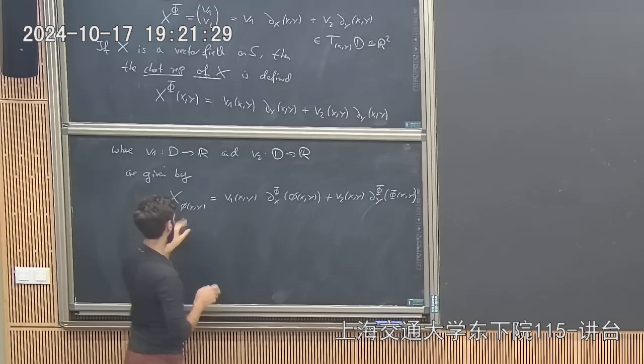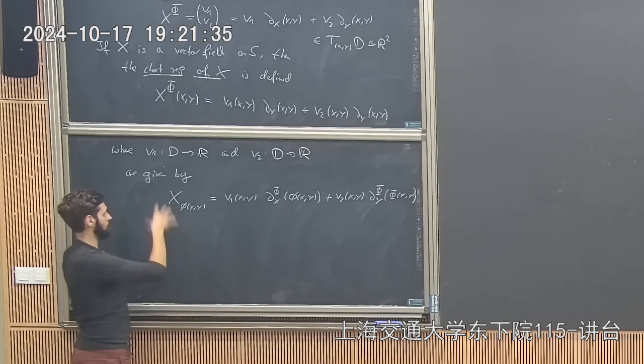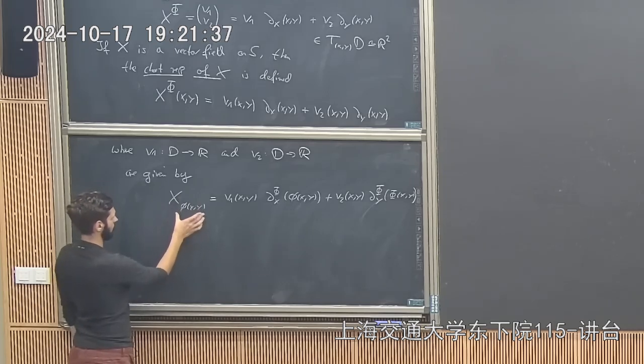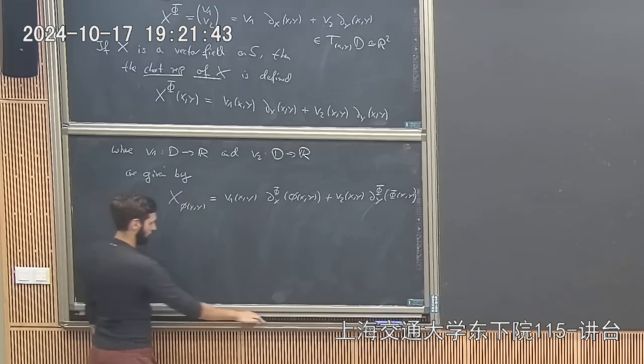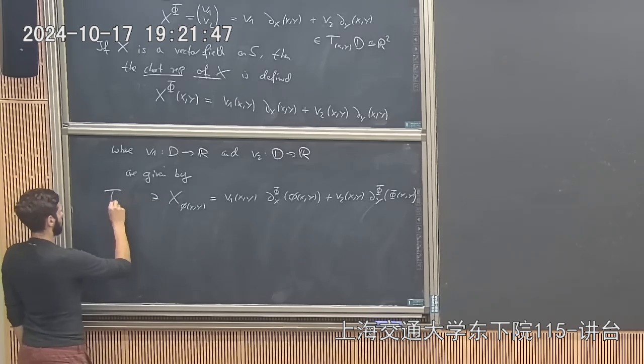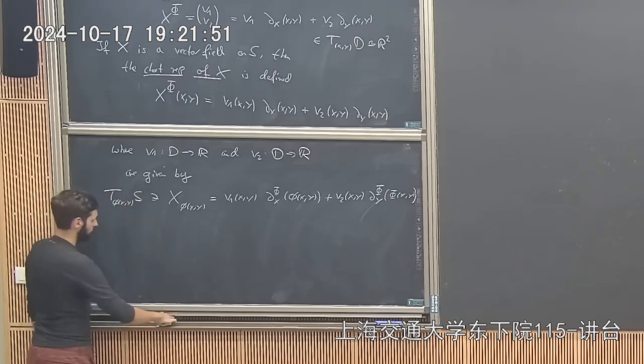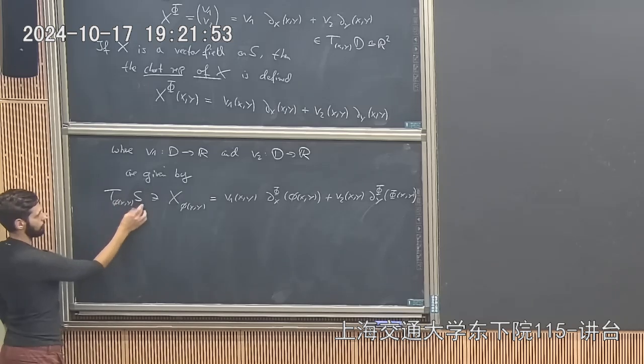So for every x and y, I get a certain phi(x, y), the deformed space coordinates. And at that point, I can evaluate my vector field to get some vector at that point. So it's a vector to the surface at that point.